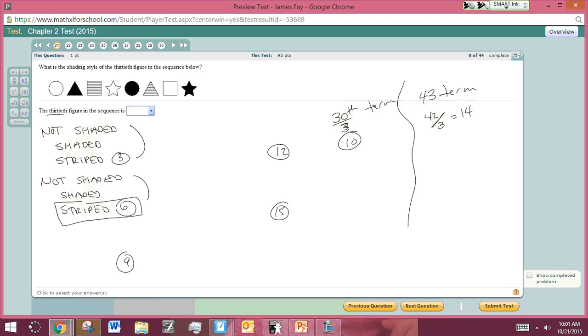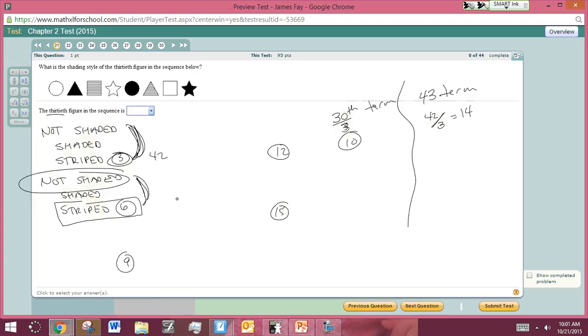Because it was divisible by 3 evenly, the 42nd term is the same thing as the third term. If I were to write this pattern out 14 times, the last term I would see, the 42nd term, is going to be striped. But I don't want the 42nd term, I want the 43rd term. So if this is the 42nd term, then the 43rd term is going to be not shaded.